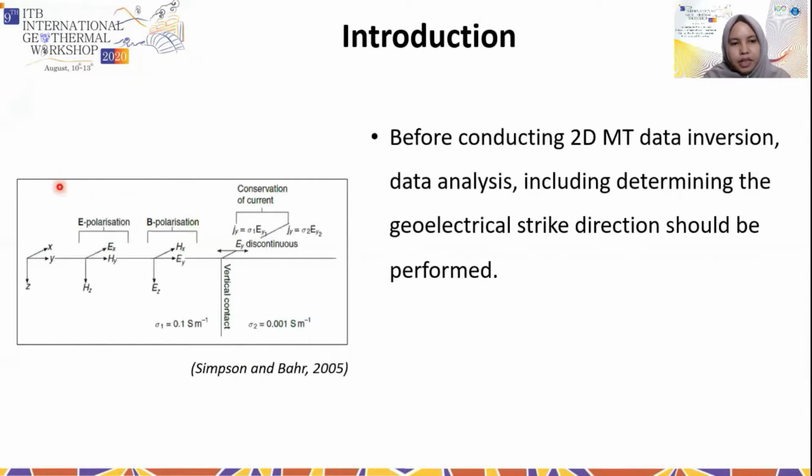E-polarization is when the electrical field is parallel to the strike, and B-polarization is when the electrical field is perpendicular to the strike. So first, we have to determine the geoelectrical strike direction before we perform MT data inversion.